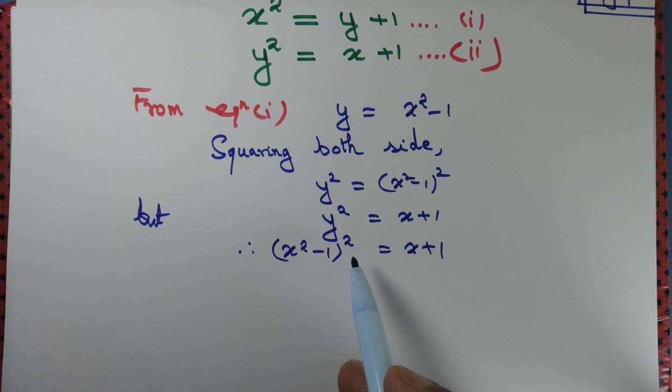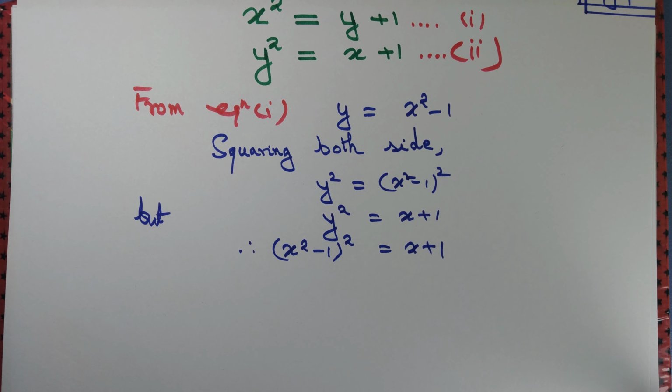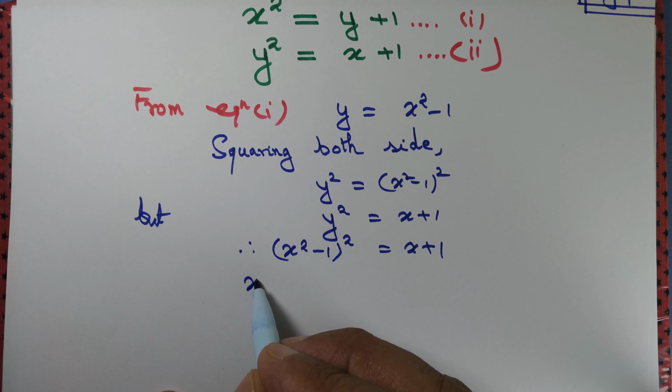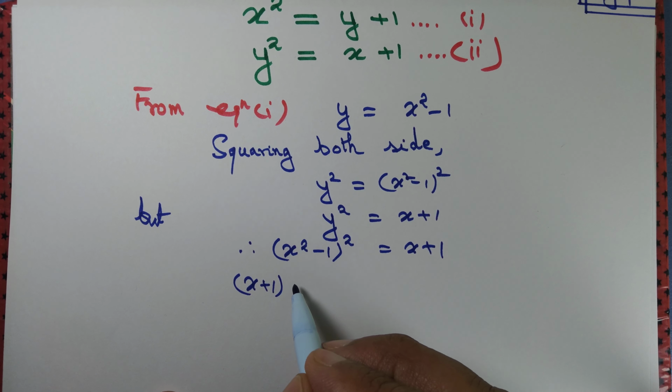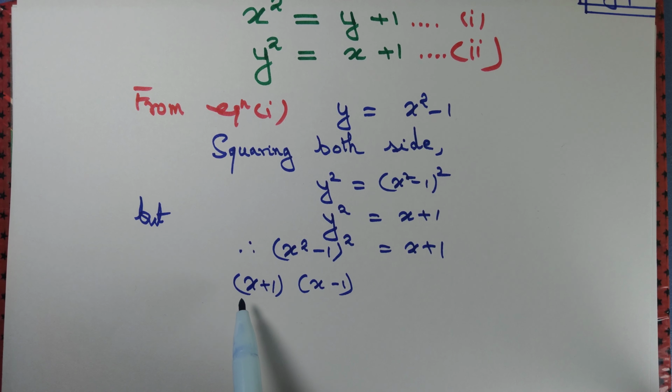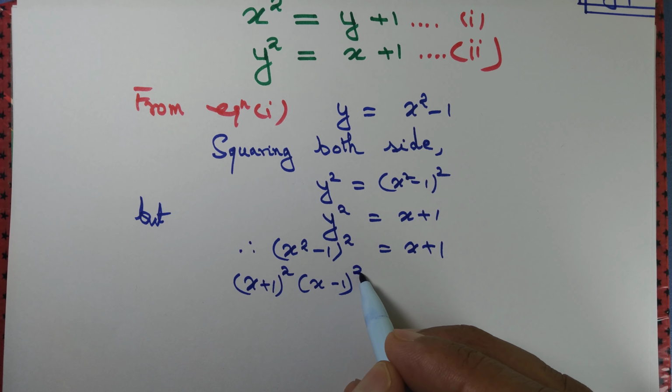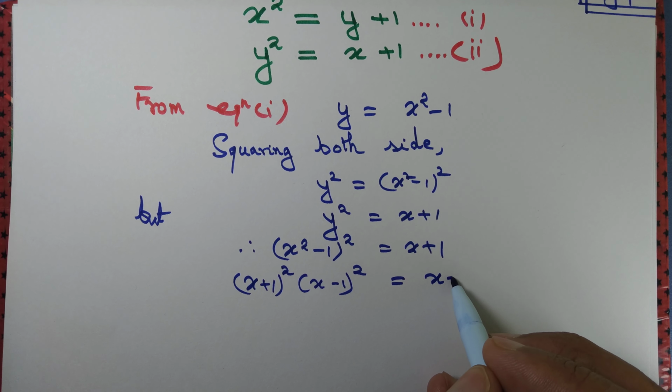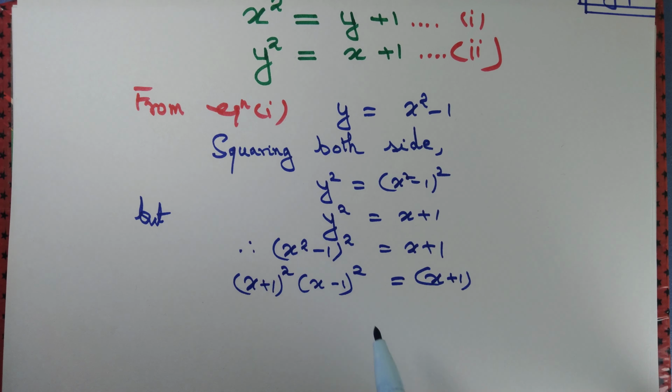Now, instead of expanding, x² − 1 can be written as (x + 1)(x − 1), because a² − b² = (a + b)(a − b). Factoring this has an advantage that you can take x + 1 as a factor.